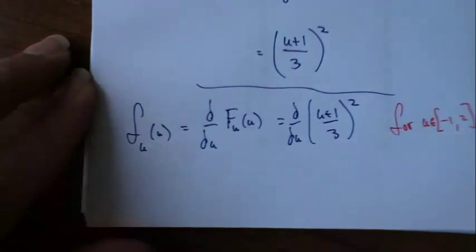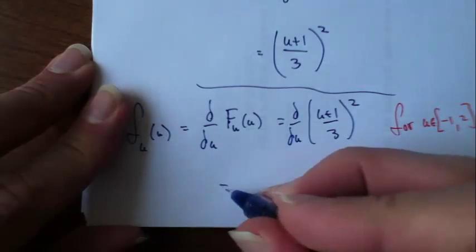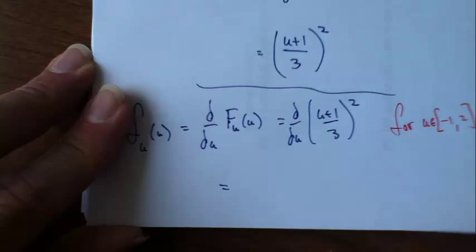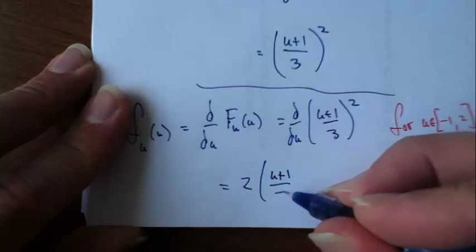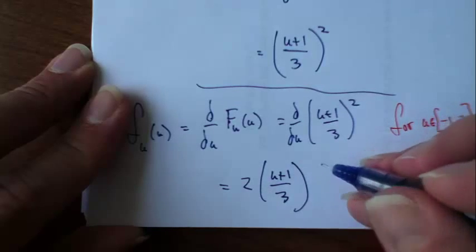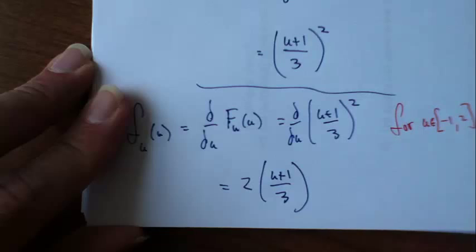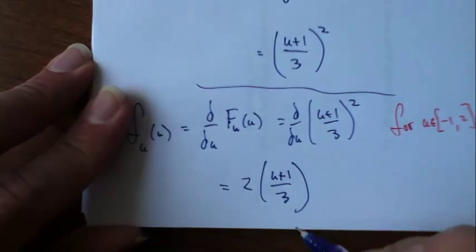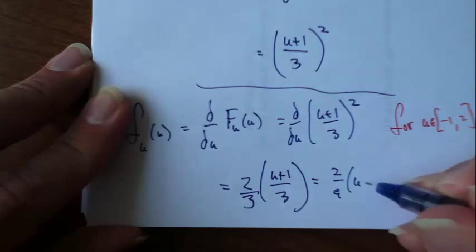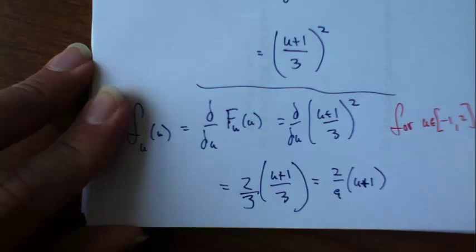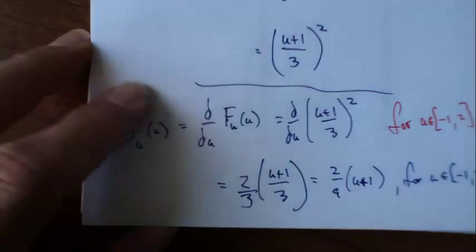The 2 comes down, times u plus 1 over 3 times the derivative of the inside. So it's 2/9 times u plus 1. And that's for u in -1 to 2, and I know it's going to be 0 elsewhere.